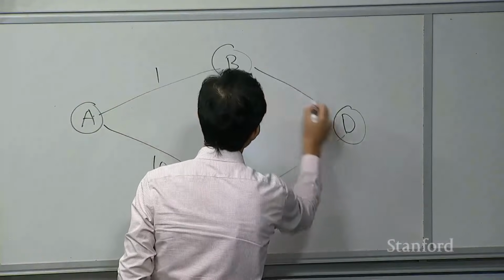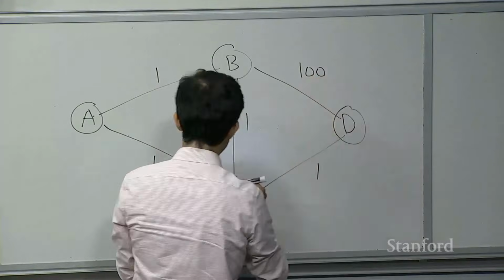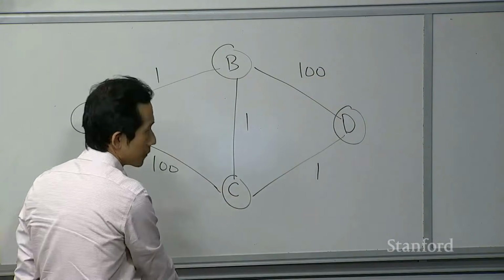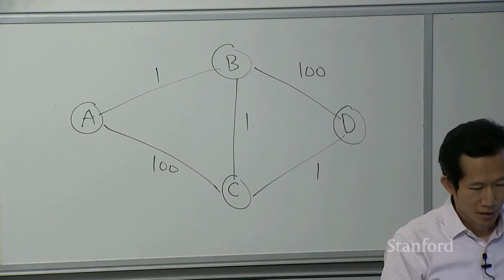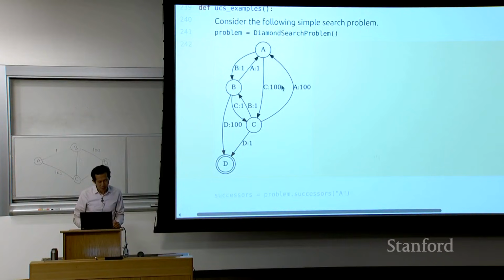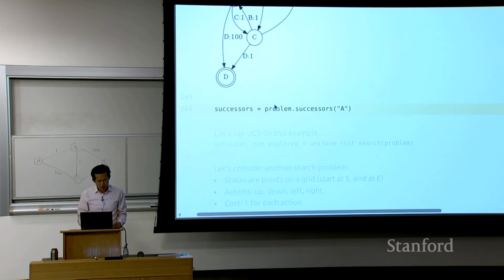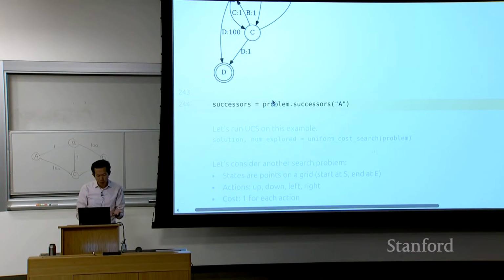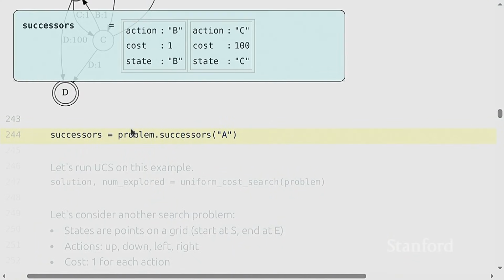This is 1. And 100. All right, and this is a less pretty way, but a more accurate way of representing the state graph. So we define this problem, successors of A, just so we're on the same page. From A, you can take an action to go to B with cost 1 and action to go to C with cost 100. Okay?